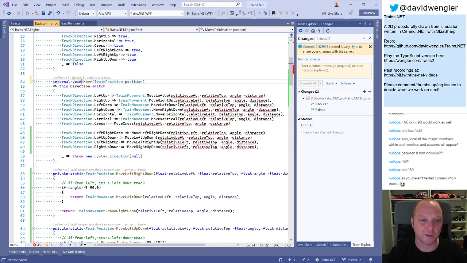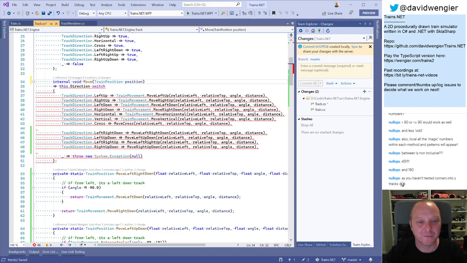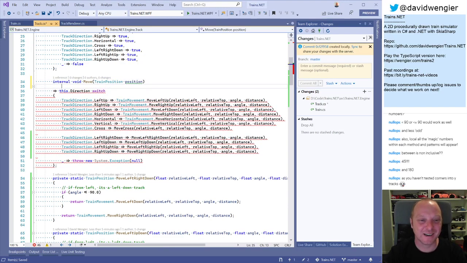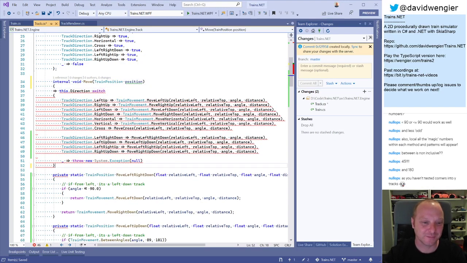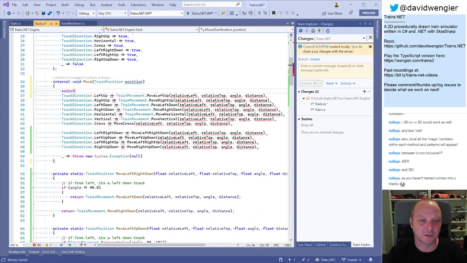It's void. Oh, that's so annoying. I really like this fun syntax. Should return all. Switch start direction.